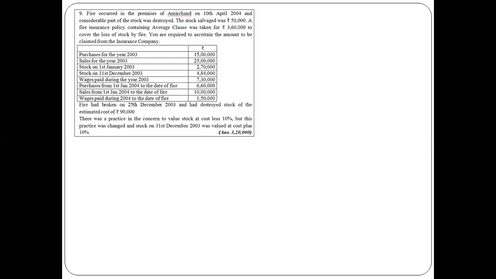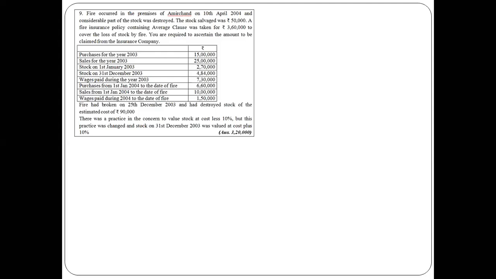You are provided further information: purchases for the year 2003, one year before the date of fire. This is the 2003 information pertaining to the trading account. Stock on 1st January 2003, that is opening stock, 2,70,000, purchases 15 lakhs, sales 25 lakhs.